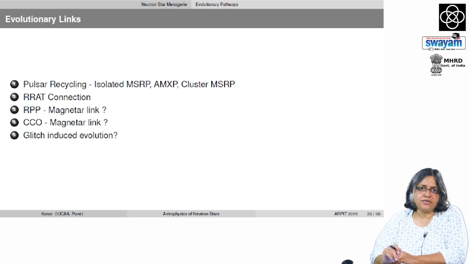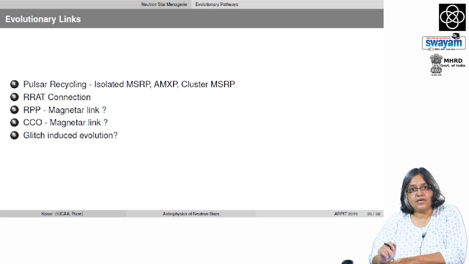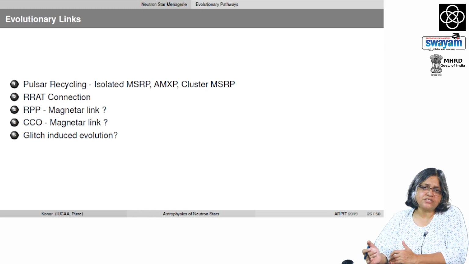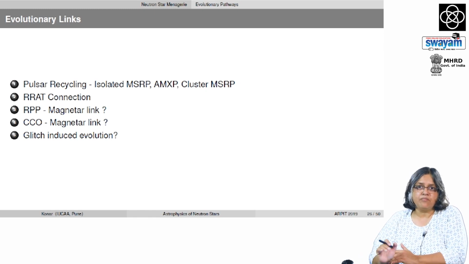So, the questions regarding evolutionary links: we know that pulsar recycling happens in binaries through accretion, and isolated millisecond pulsars, AMXPs, cluster millisecond radio pulsars. There are certain questions that are not answered there, but we more or less understand the overall picture.